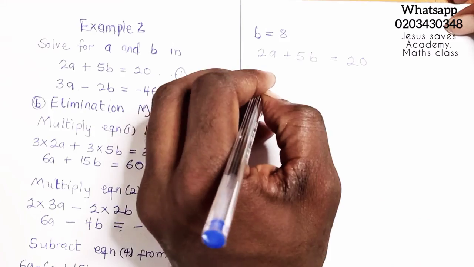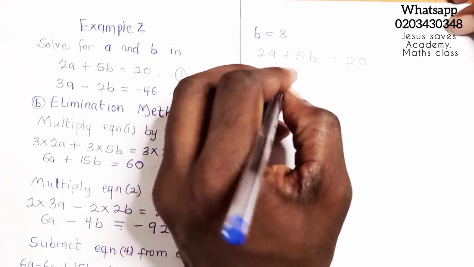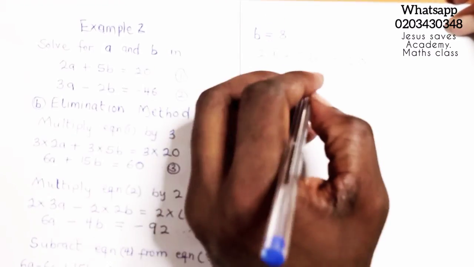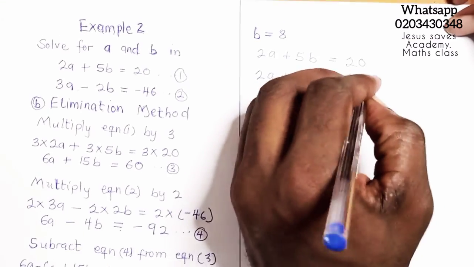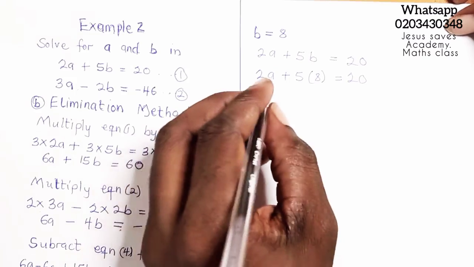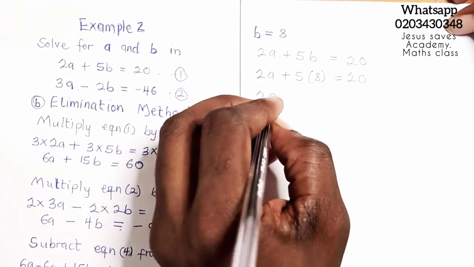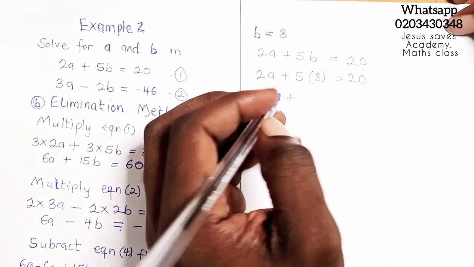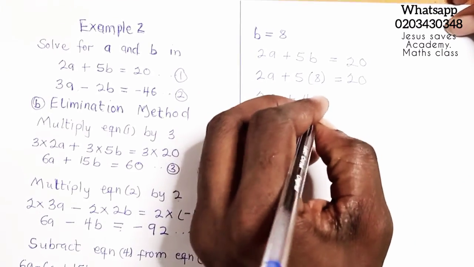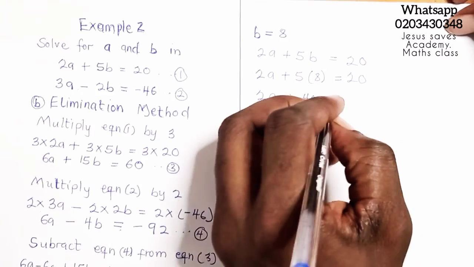So I'm having my 2a here plus 5, the b is now 8, is equal to 20. So we have 2a plus 5 times 8 will give us 40, which will be equal to 20.